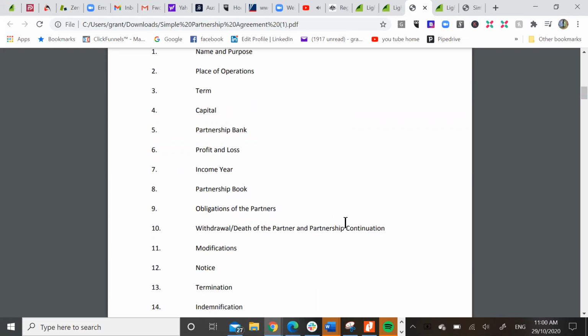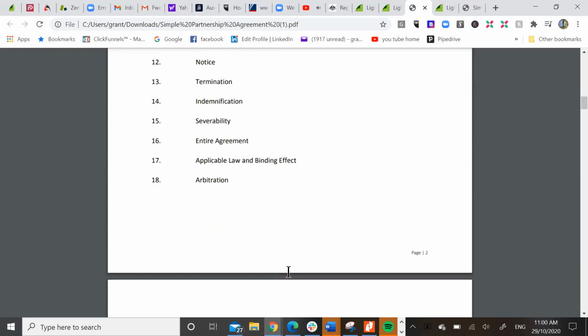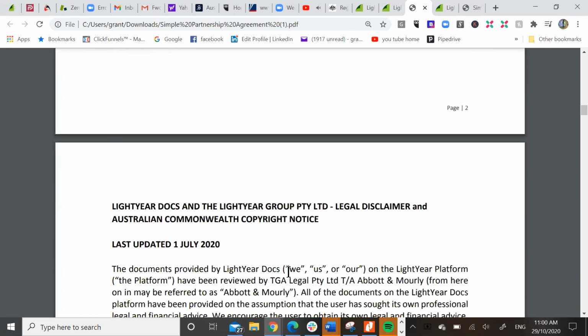So that's really relevant to divorce and also the event of death, modifications to the agreement, notice termination, indemnification for the partners. The agreement obviously can be severed in part and then still maintain the guts of the agreement. Entire agreement, applicable law, and obviously arbitration if there's a fight as to the partnership.